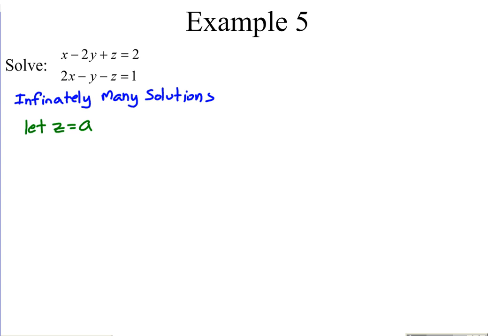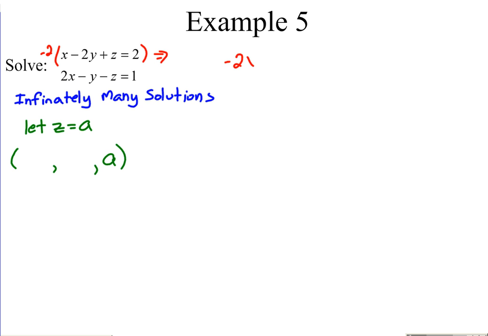So once again, we know our ordered triple that we're going to have for our final solution is always going to have a z coordinate of a. So all we need to do now is take these two equations and eliminate either x or y. Does not matter which one. Let's say that I'm going to eliminate x's. If I do that, I need to multiply this top equation by negative 2.